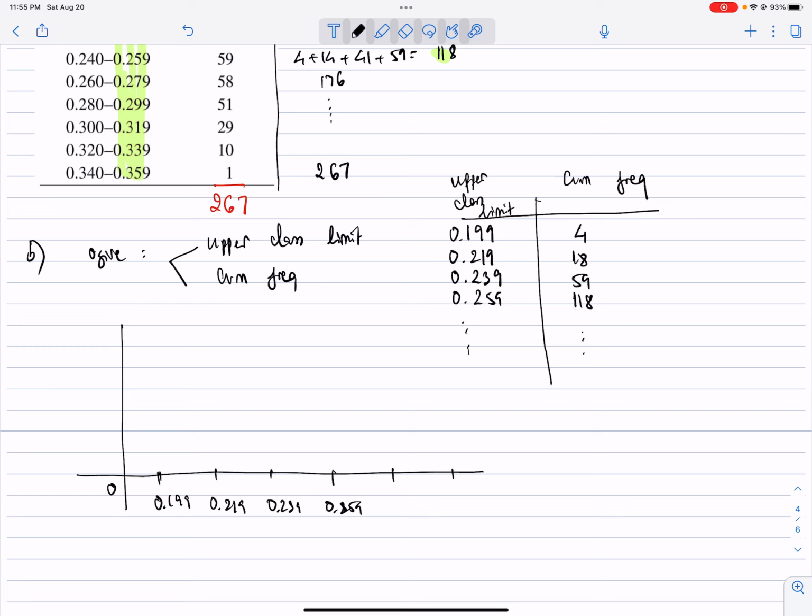And the last number we have is 267. So the Y part right here is the cumulative frequency. So if you want, you can label here like 50, 100, 150, 200, 250, and then 300.